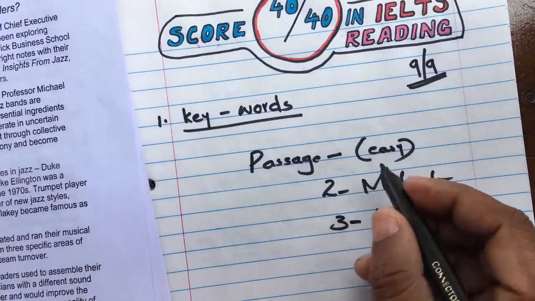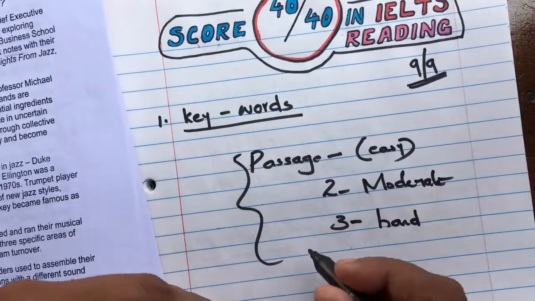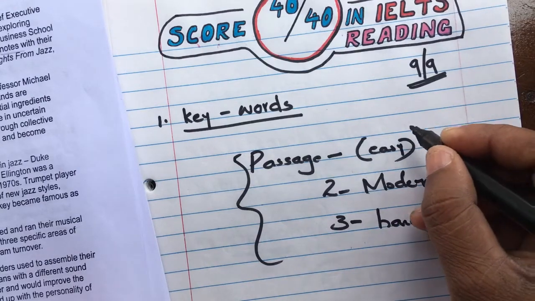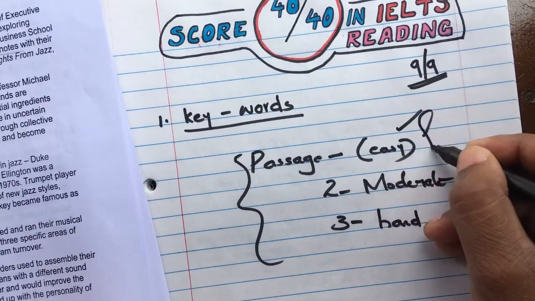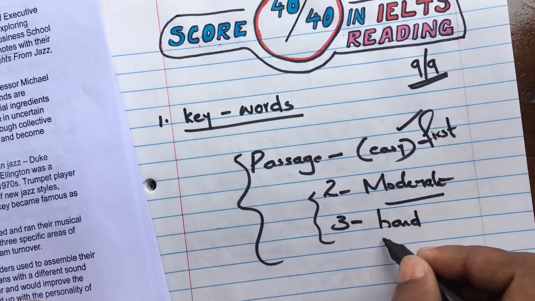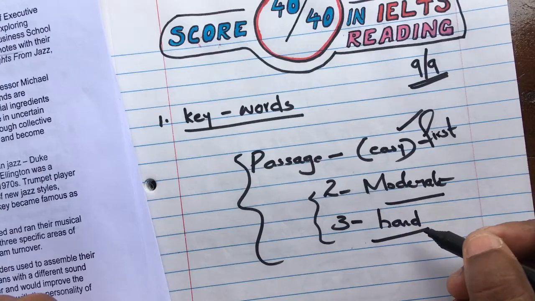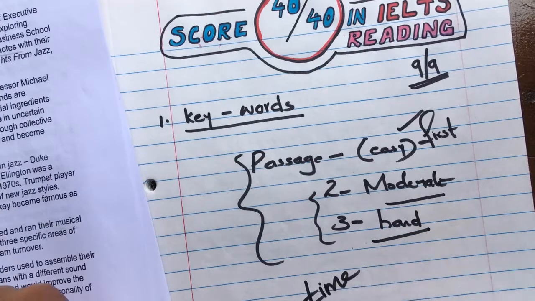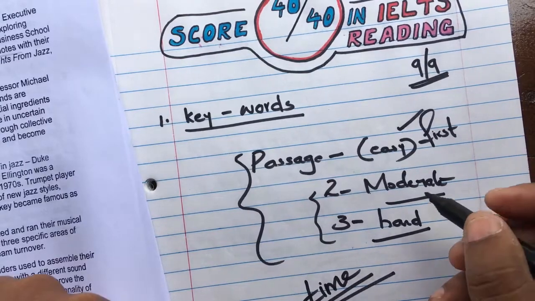So it is your decision to understand which passage you should attend. Okay, because I always go for the easy one first, because when you spend a lot of time on a moderately difficult or hard task, you are going to lose your time. Okay, because you won't get more time for reading.